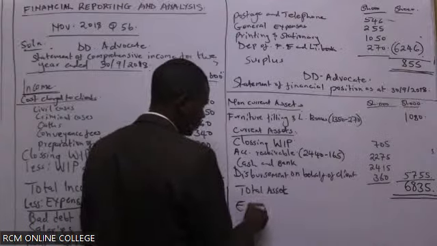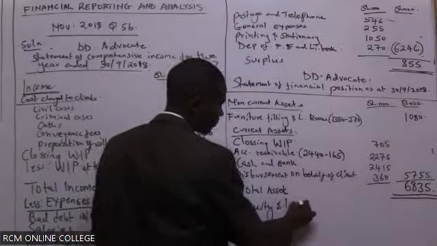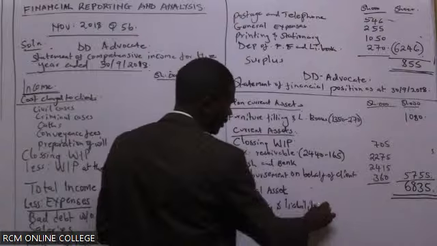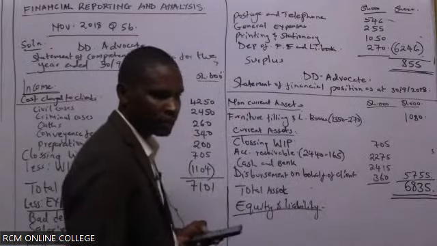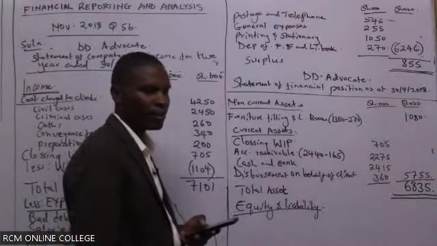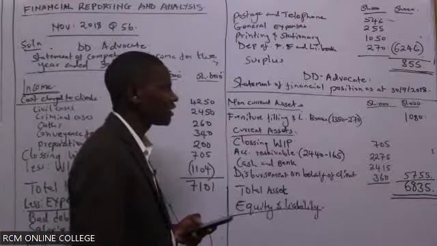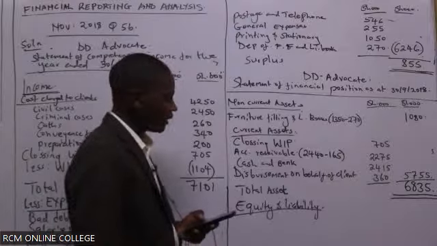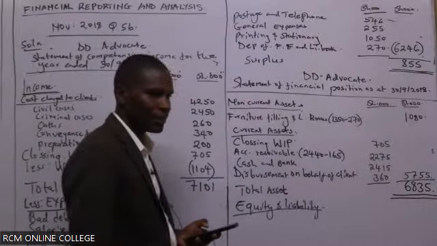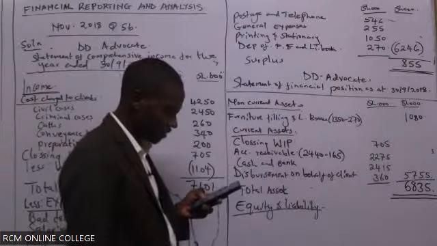You can put equity and liability. So under this, what is our capital? The number is increasing. That is very nice and very encouraging. Under the equity and liability, what is our capital? Do we have capital?